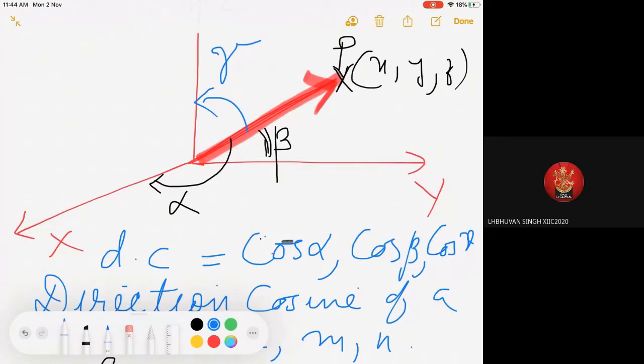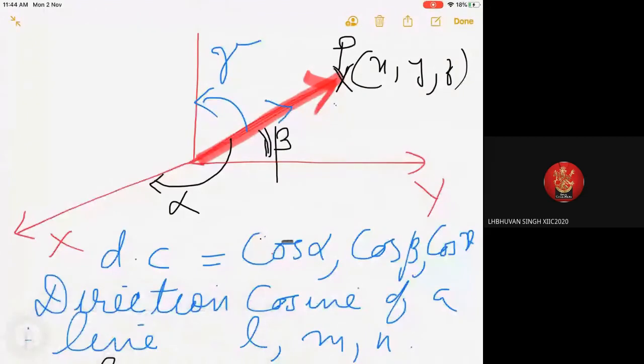And I have told you what is a position vector OP. The position vector OP is xi cap plus yj cap plus zk cap, right?